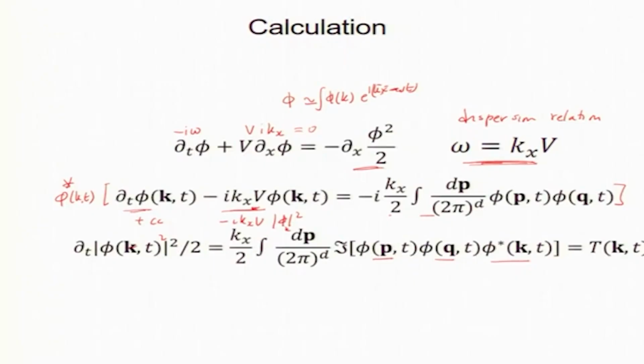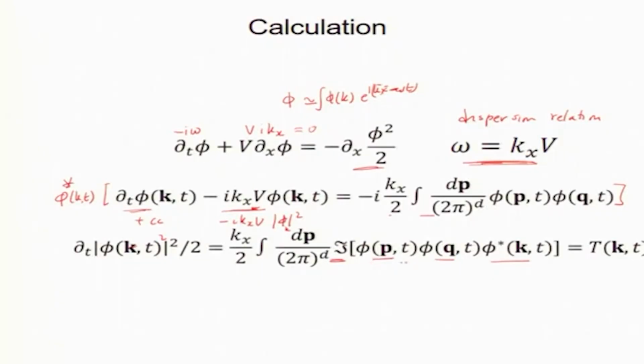So, real part of minus i times some number, but then because of this I will get the imaginary part of this triple term, okay. Right now I am not doing any correlation, but the triple term, and the coefficient in front is kx by 2, this one, and this is the term called nonlinear energy transfer Tk.